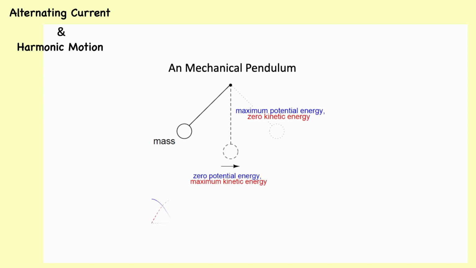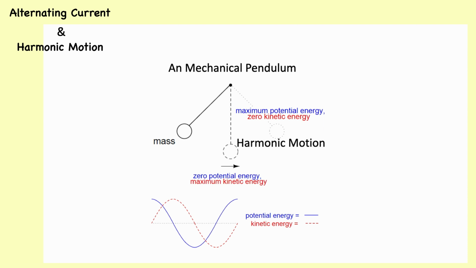This oscillation between kinetic and potential energy over time maps out sinusoidal waveforms, which, like the electric pendulum, are 90 degrees out of phase to each other. This is what is known as harmonic motion.